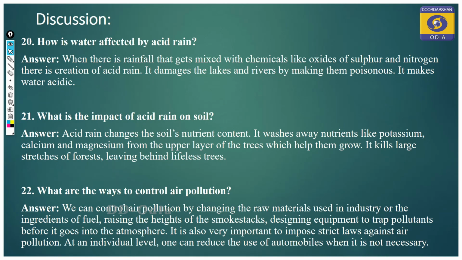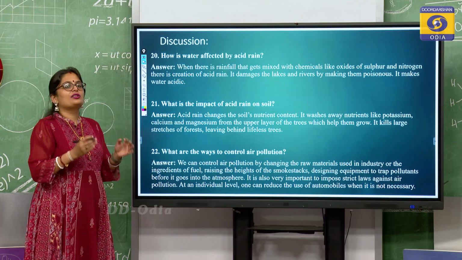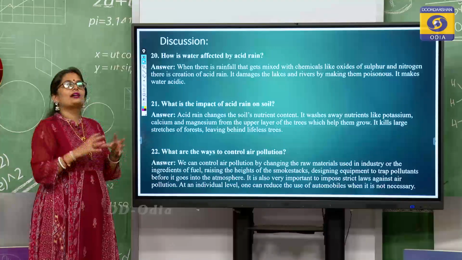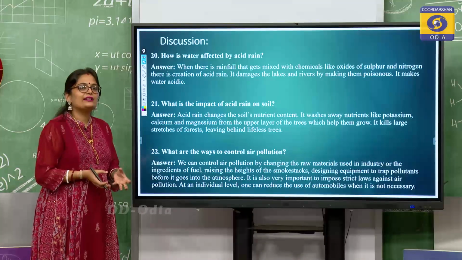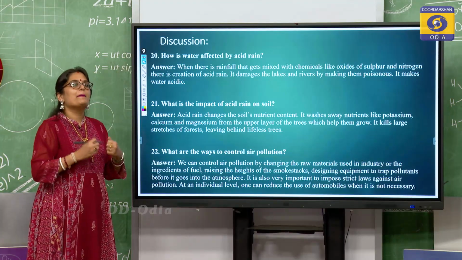Now, how does it impact soil? We learned how acid rain impacts the aquatic ecosystem. Now, let us see how acid rain impacts soil. What does it do? Acid rain will bring about changes in the nutrition content of the soil. Children, we all know soil contains a storehouse of minerals and nutrients that are absorbed by plants.